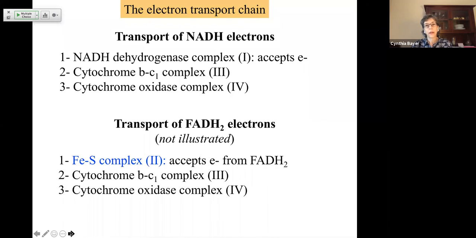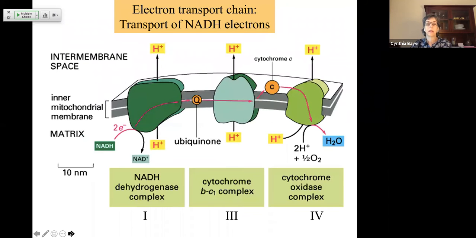So let's take a look at this, and this is what we had in the short little video on Wednesday. Sitting in the inner mitochondrial membrane, we have our 3 complexes. There's the first one, NADH dehydrogenase complex. This is the complex of proteins that will accept the electrons that have been donated by NADH. Right?